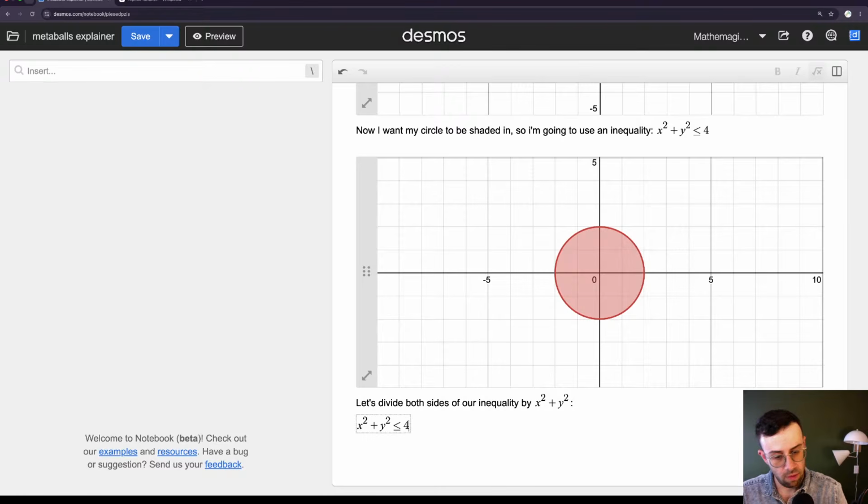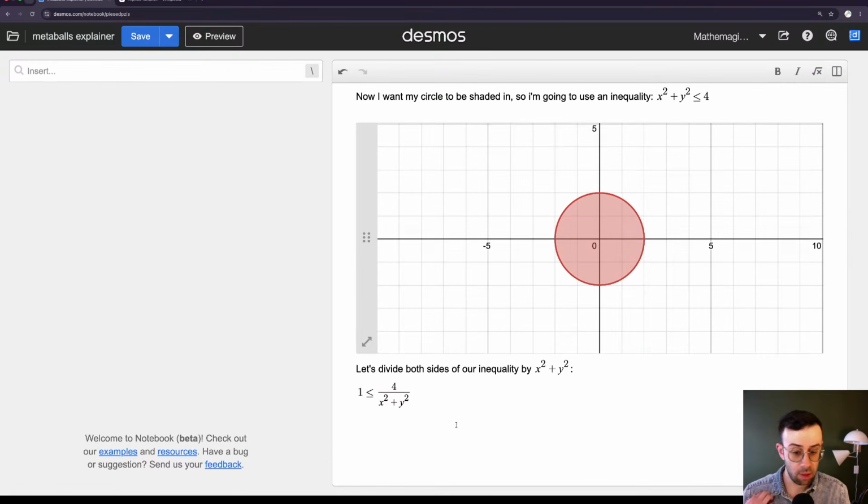So if we divide it by x squared plus y squared, then we have 4 over x squared plus y squared, so that means that 1 is less than or equal to 4 over x squared plus y squared. And this is equivalent to, I just like this stuff on the left side. Oops.